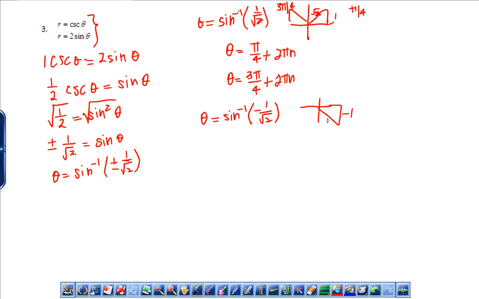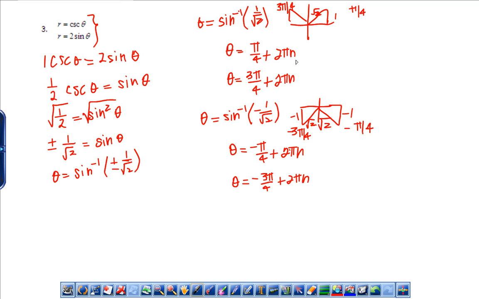So this is negative pi over 4. And you could also do the negative angle here, so this is negative 3 pi over 4. So my general solutions here would be negative pi over 4 plus 2 pi n, and theta equals negative 3 pi over 4 plus 2 pi n.